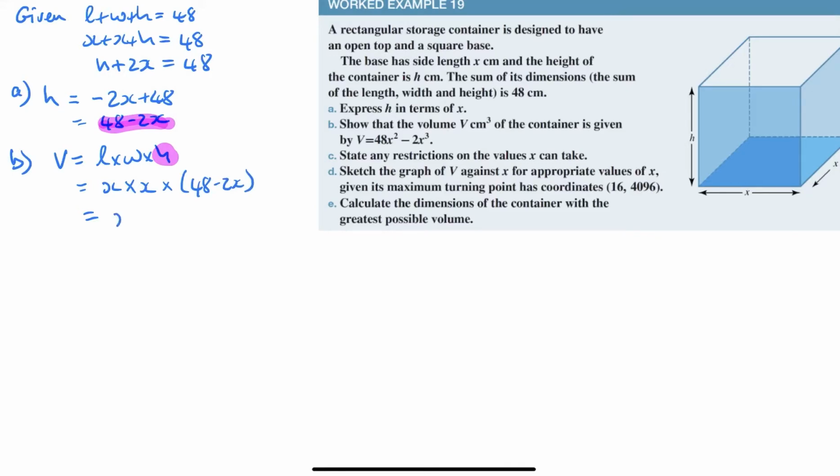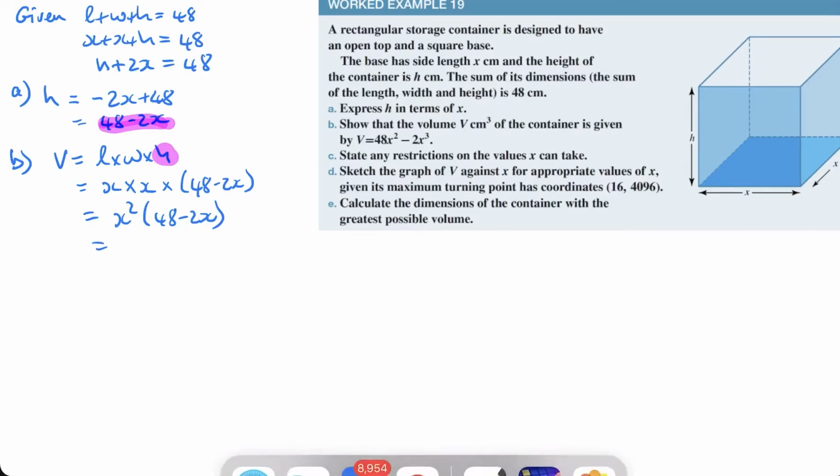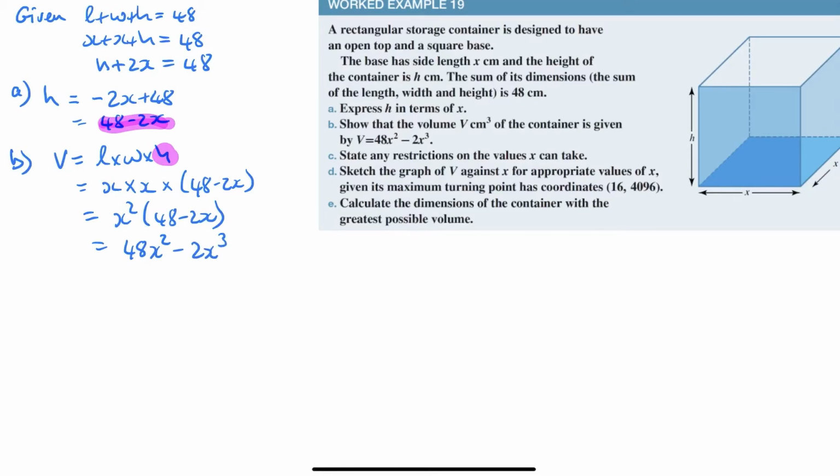So this will give me x squared times 48 minus 2x, and if I expand the bracket, that will give me 48x squared minus 2x cubed, exactly like what I have there.